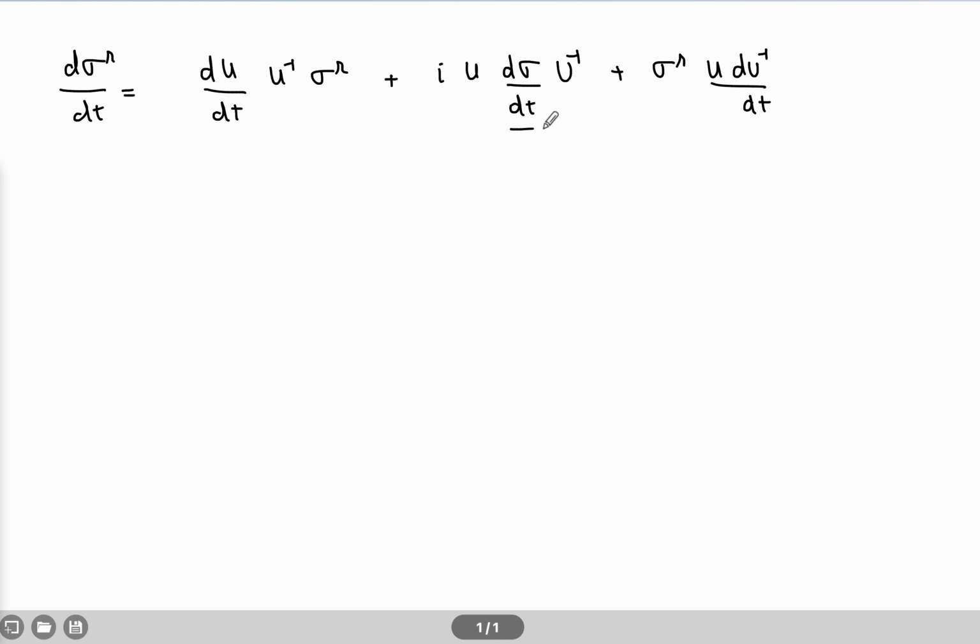Okay, now this is the original operator, the time evolution of the original density operator.